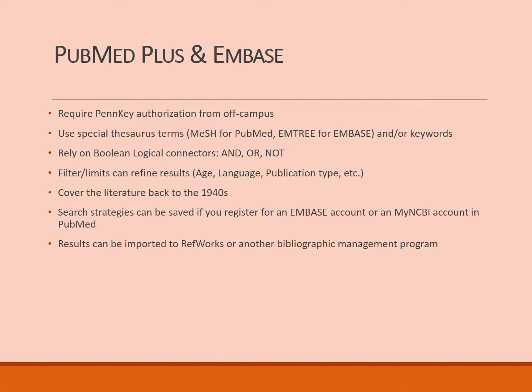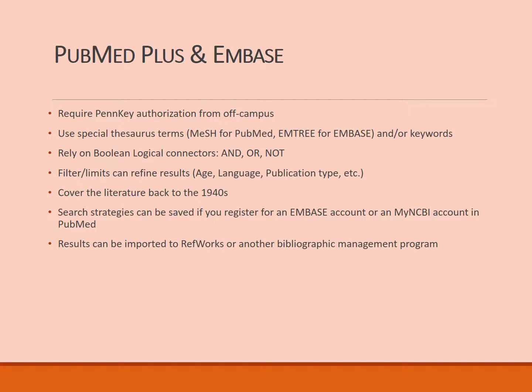PubMed and Embase are the most often used databases in the health sciences. Along with our other restricted resources found on the Biomedical Library homepage, they require a PIN key authorization for off-campus. They both cover the literature back to the 1940s and have special subject headings. Special subject headings are MeSH terms for PubMed and Emtree terms for Embase.